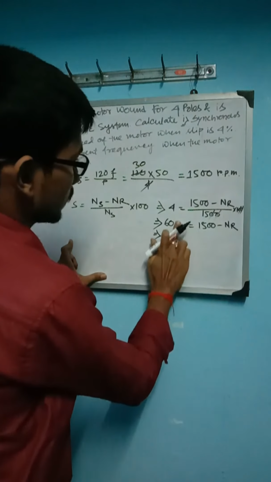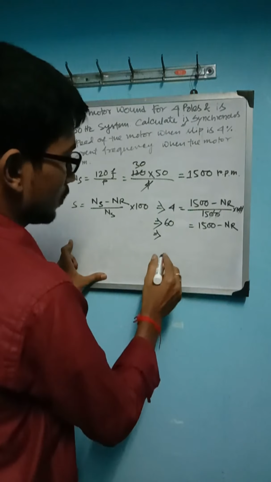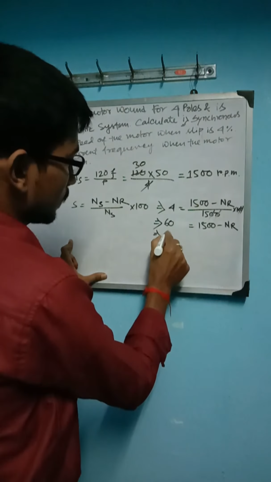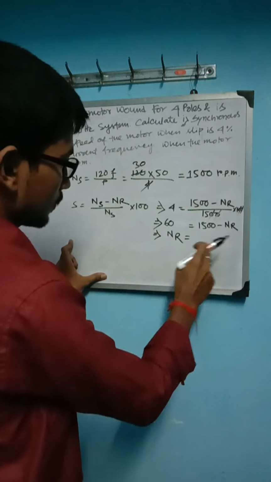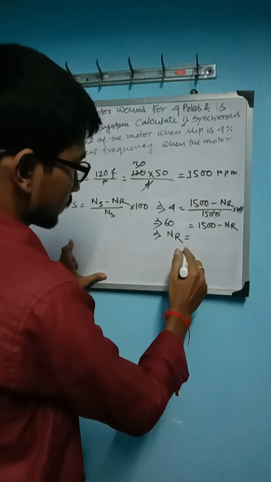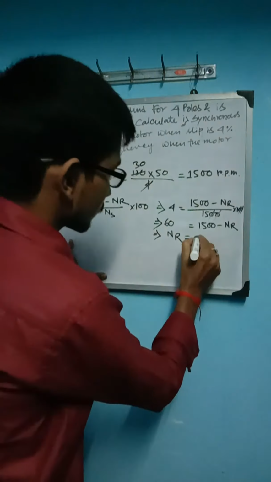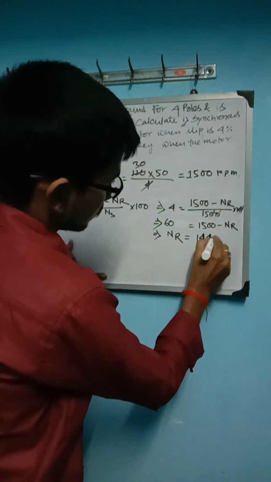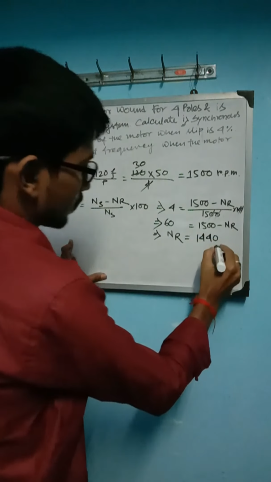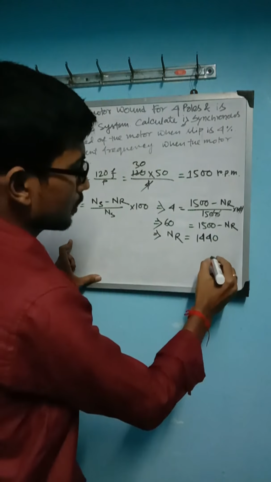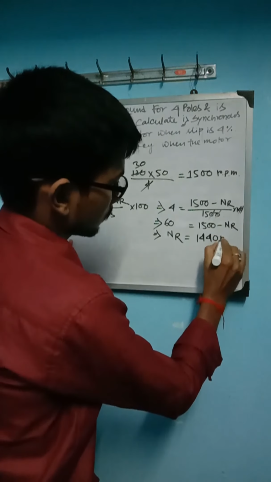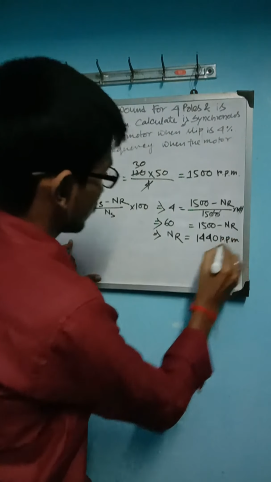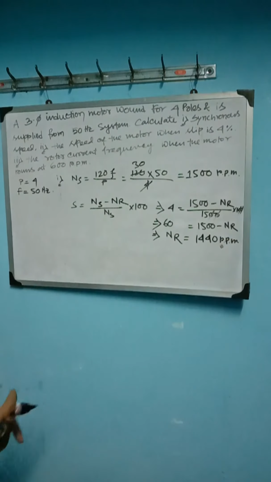So it will be 60, and the value of Nr will be 1440 RPM. So it is the value of the Nr.